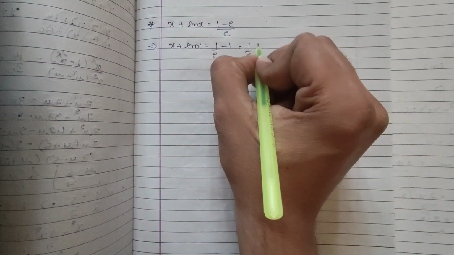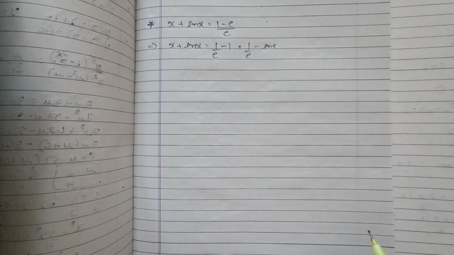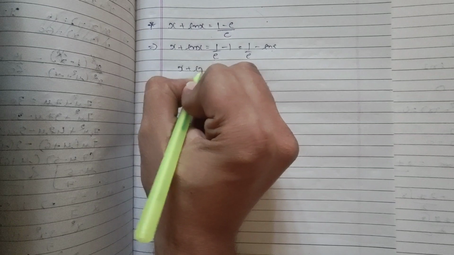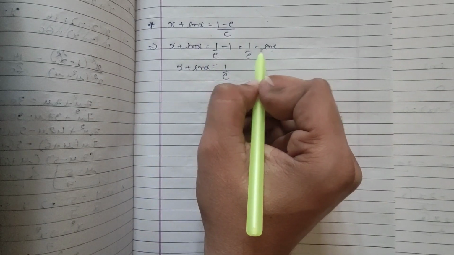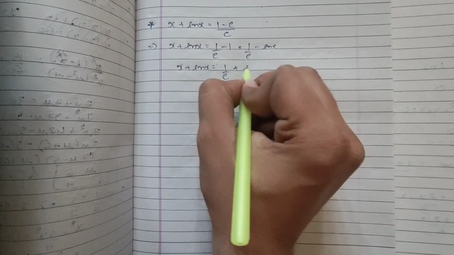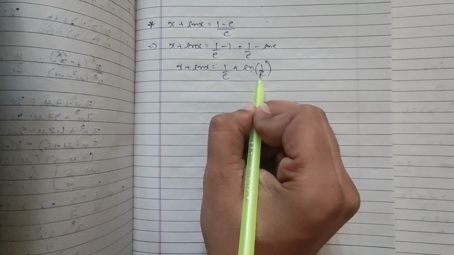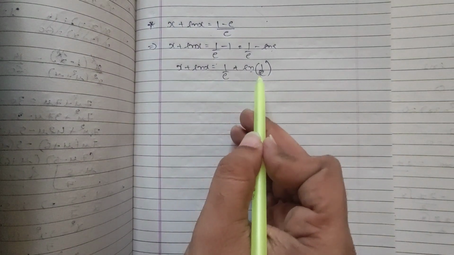So I can write 1 as ln e, right? Because the value of ln e is always equal to 1. So I can write that x plus ln x equal to 1 by e, and here I have minus ln e. So I can also write this as plus ln 1 by e, right? Because if I write this ln e, then the minus sign will come inside. So this is 1 by e plus ln 1 by e.